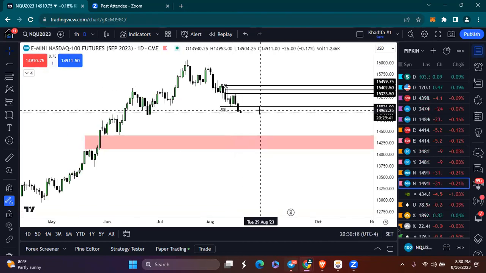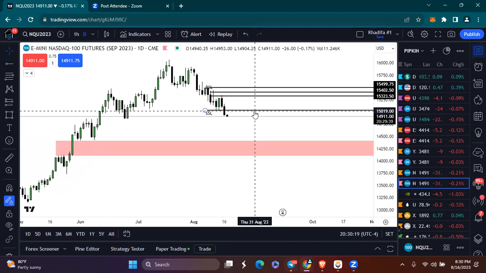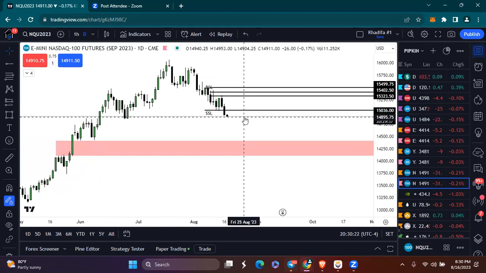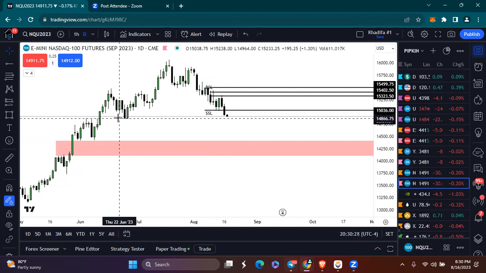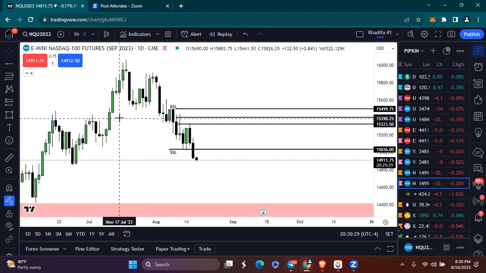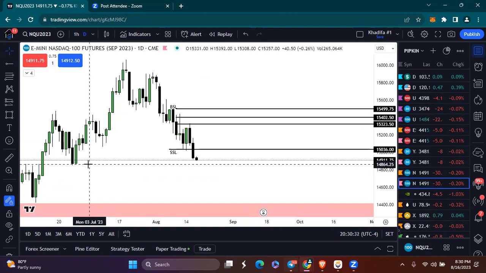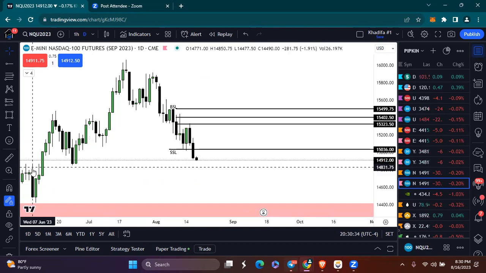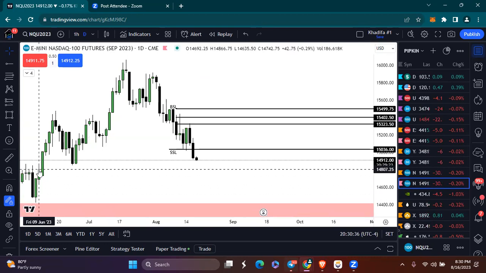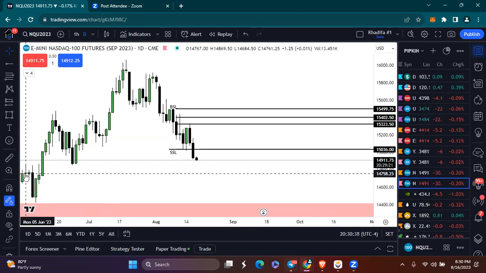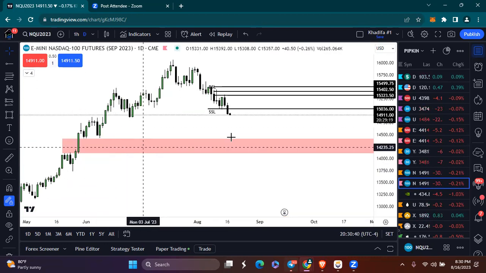And same thing for E-mini Dow and E-mini NASDAQ. I want to see us continue to sell out, run this sell side liquidity and run down into this daily order block. We'll see what price gives us when we get there.